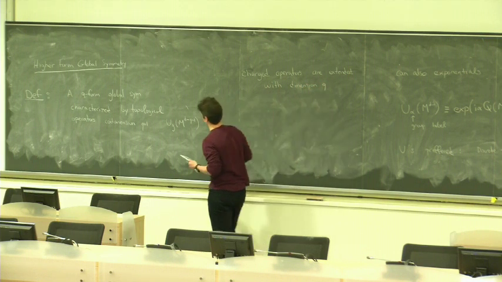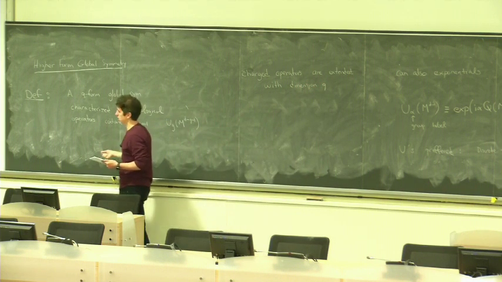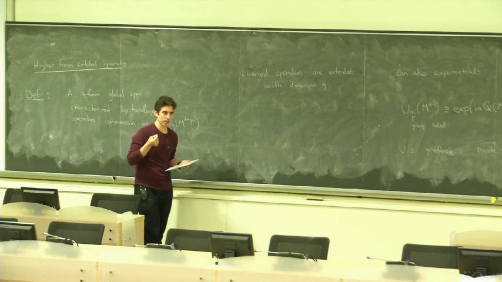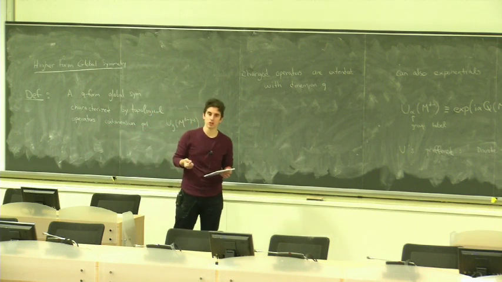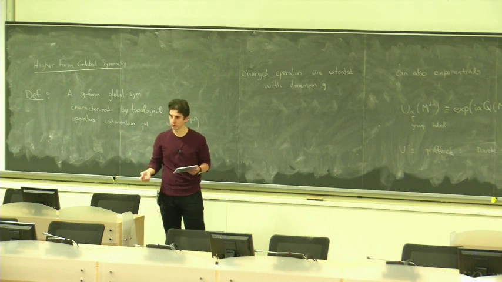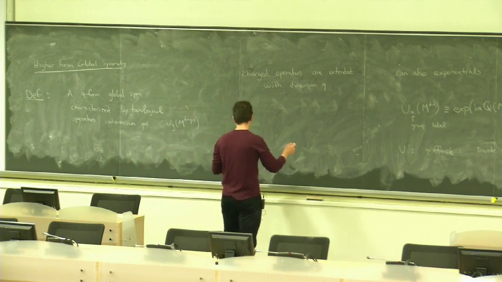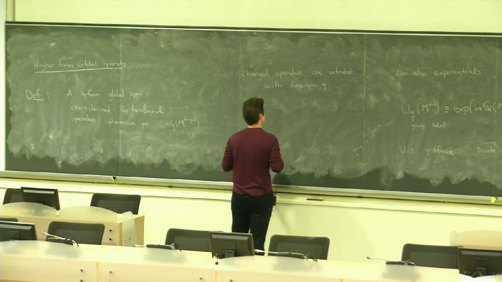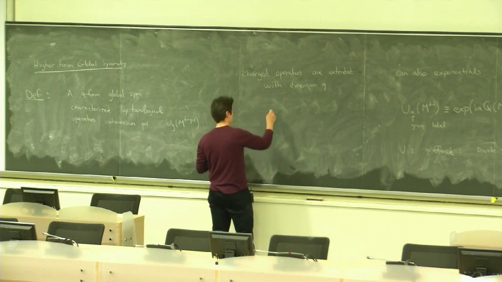So that's what Q labels. It labels what is the dimension of a charged object. So for a zero form symmetry, the charged object is a point-like local operator. More generally, we'll have extended operators. But the picture of them being charged is the same as the one that I erased before.